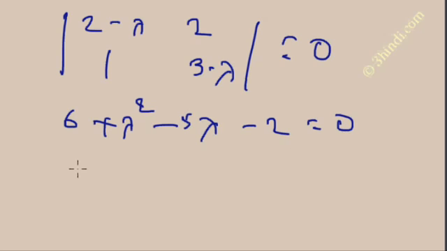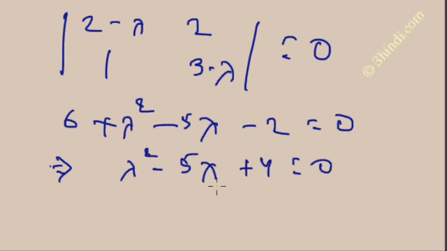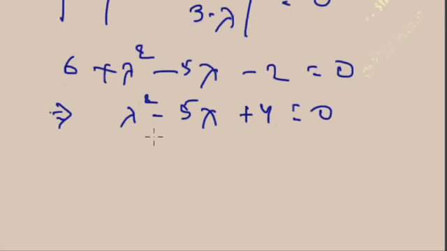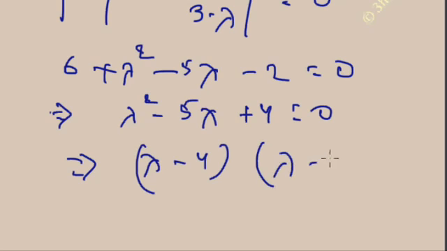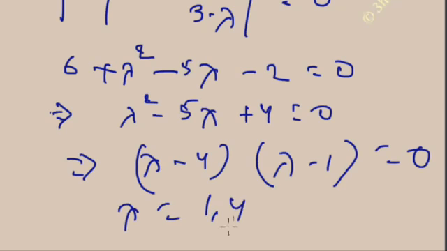Solving this gives lambda squared minus 5 lambda plus 4 is equal to 0. Minus 5 lambda can be written as minus 4 lambda minus 1 lambda, so lambda minus 4 into lambda minus 1 is equal to 0. So lambda can be 1 or 4: lambda 1 is equal to 1, lambda 2 is equal to 4.